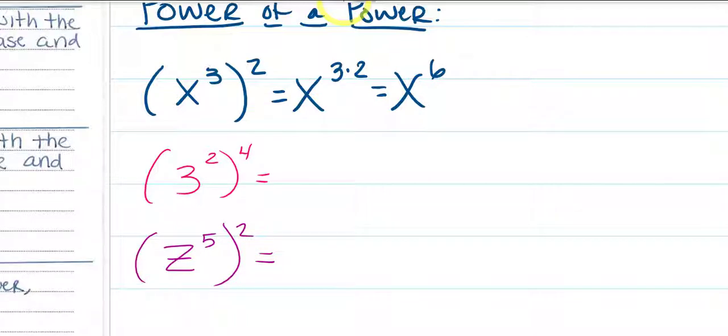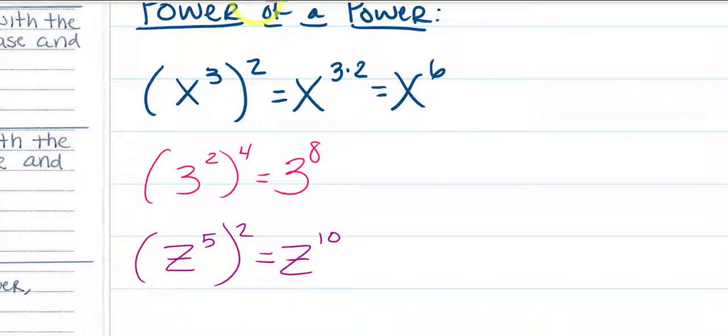All right, the next one, same thing. You keep the base the same, and you multiply the exponents. 2 times 4 equals 8. And on the last one, we have the base of z, and I see 2 exponents, so I'm going to multiply them, and 5 times 2 is going to give me 10. So that would be z to the 10th.